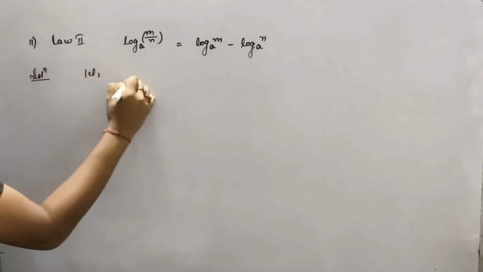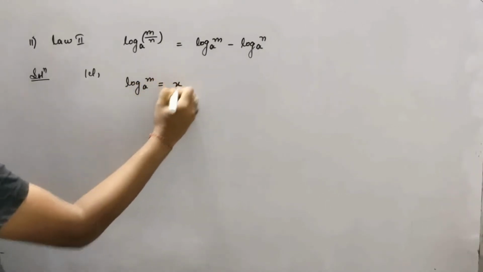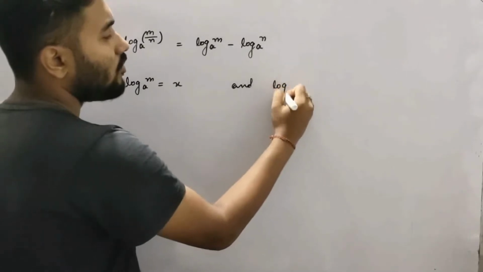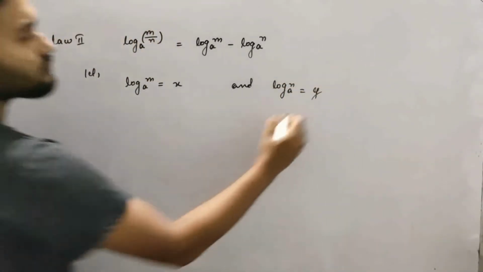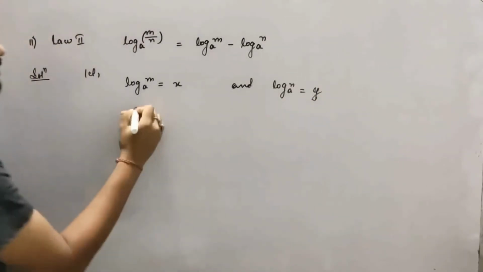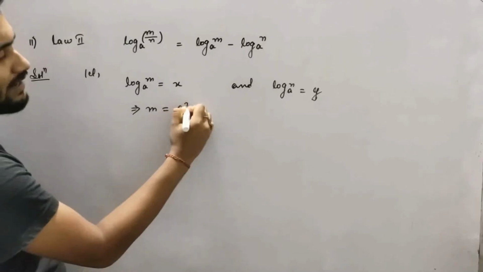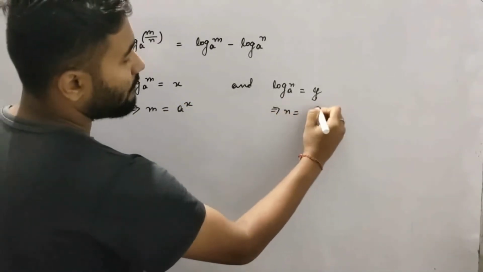Let log m base a be equal to x and log n base a be y. Taking it to exponential form, m will be equal to a to the power x, and n will be equal to a to the power y.